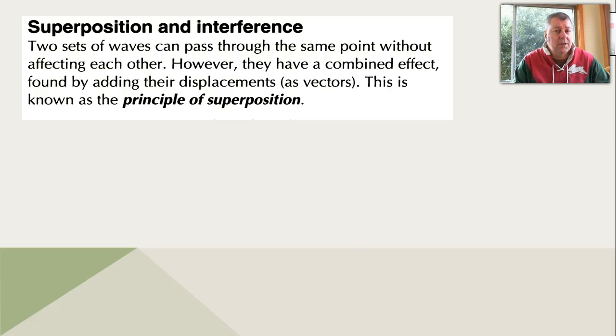You can still distinguish individual people talking, and that's exactly what's happening here. We're going to simplify it down a little bit, just into a couple of pulses. However, they have a combined effect, and if we want to look at their combined effect, we use vectors to look at them, and this is the principle of superposition.